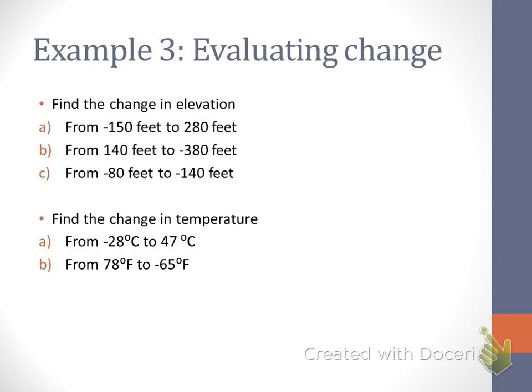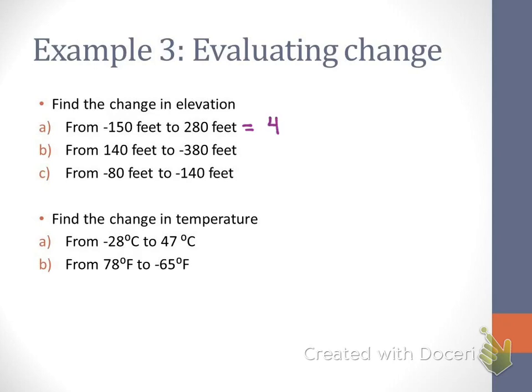If I'm at -150, how many units do I go from -150 to 0? 150. Then how many do I go from 0 to 280? 280. So it makes sense to add them together to find the total change. Does that make sense? Okay, so I go 150 to get to 0, and then another 280. I add them together to get 430.